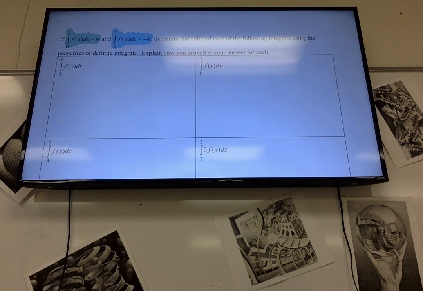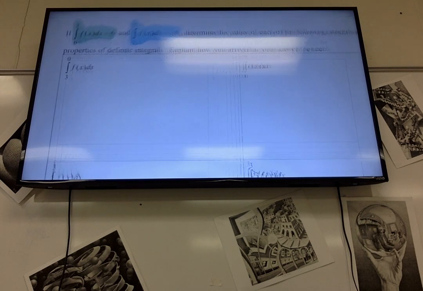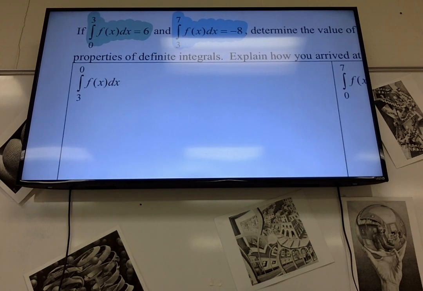So we can use that information to figure out these answers. For example, on this first one, it goes from 3 to 0. It's very similar to this top one, but the endpoints have flipped around.